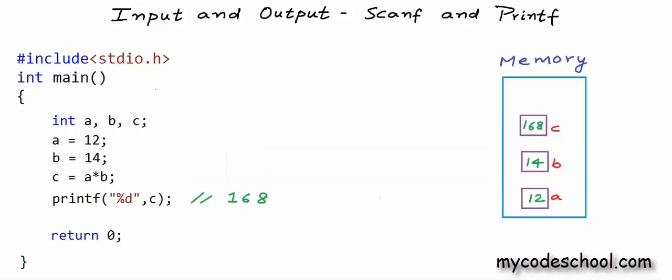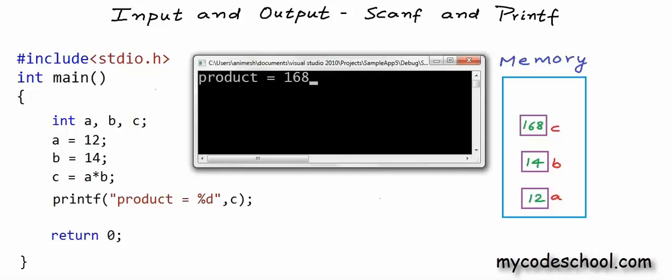Now in my printf here, if I pass something like "product = %d" as the first argument, and once again for the %d I'm passing c as the second argument, then the output of this printf would be product = 168. Only the %d has been replaced with the value in c, and everything else is the same. Everything else in the string constant is printed as it is.